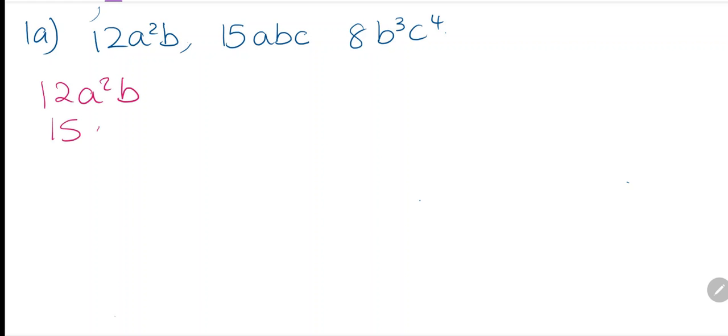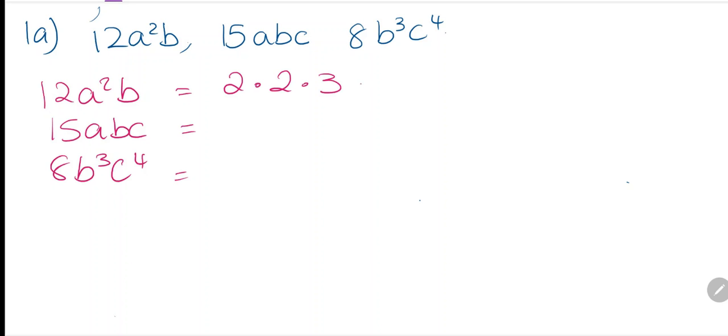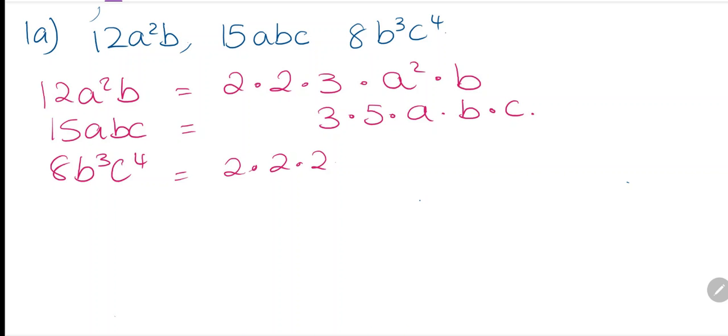So 12 is 2 times 2 times 3, and I'm going to keep my a as a squared and times b. 15 we can write as 3 times 5 times a times b times c. And 8 will be 2 times 2 times 2 times b3 times c4.